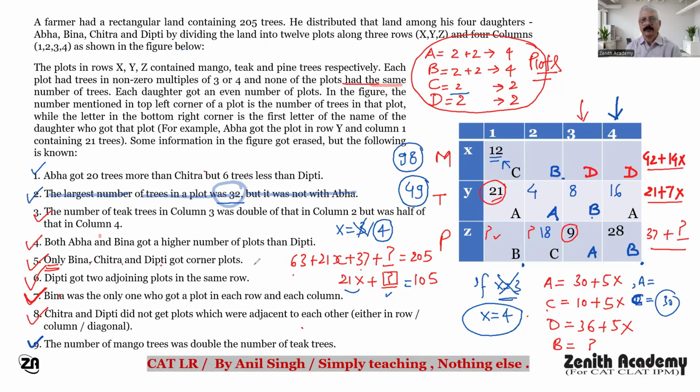So now every point is clear. It is 98 and 49, so the pine trees, 205 से subtract कर दीजिए. 98 plus 49 is 147, subtracted from 205, then 58. So it means the number of pine trees is 58. I think everything is clear.